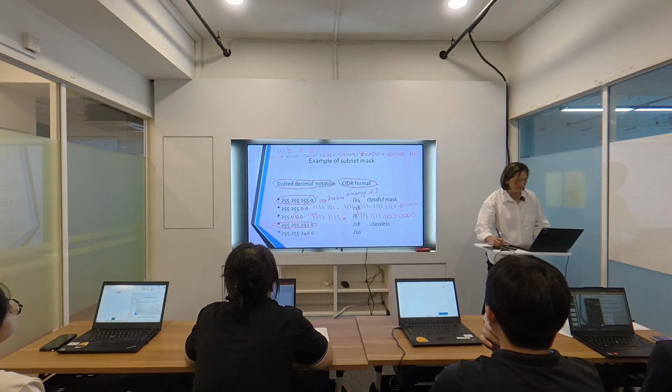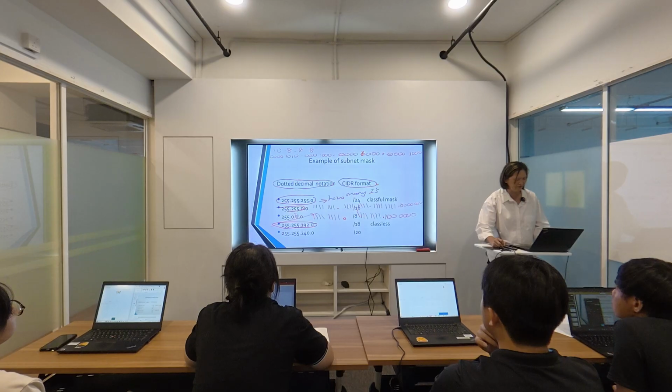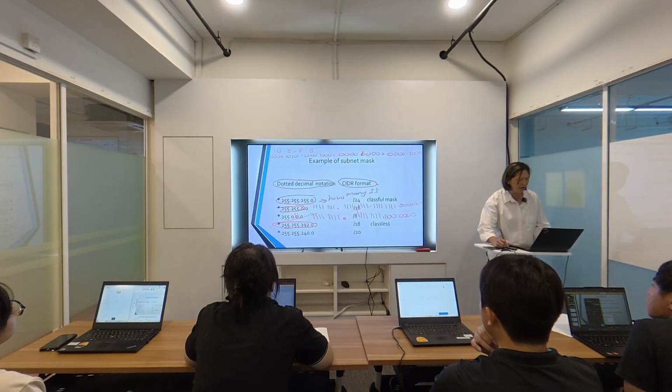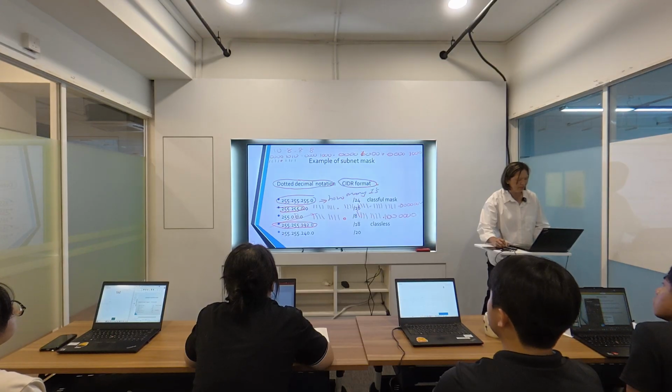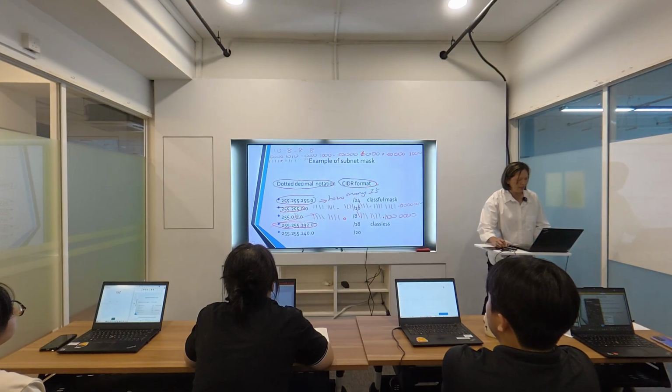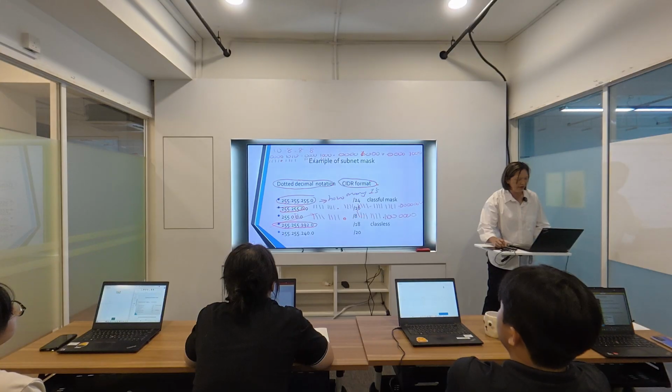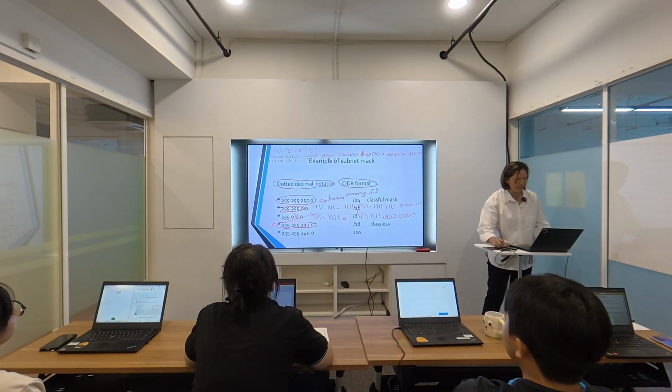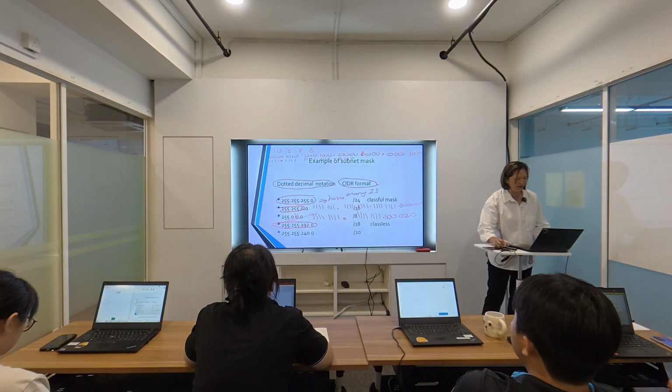Then if I apply a mask, let's say 255.255, it means you have two sets of 8 ones. You pair it up with your mask according to its bitwise location.